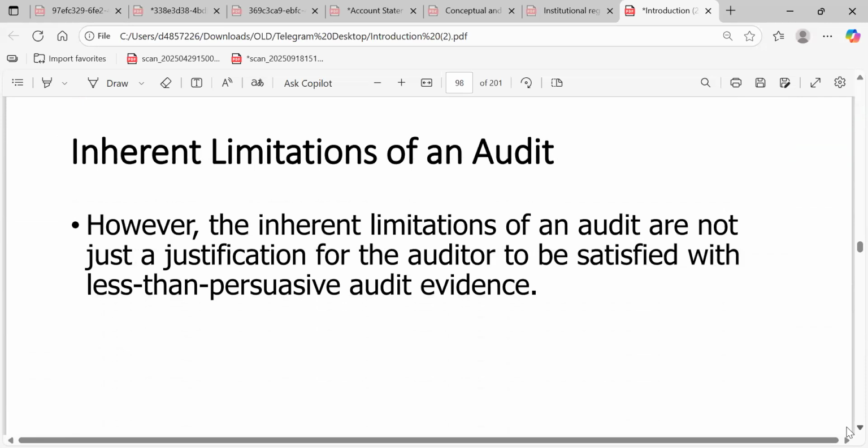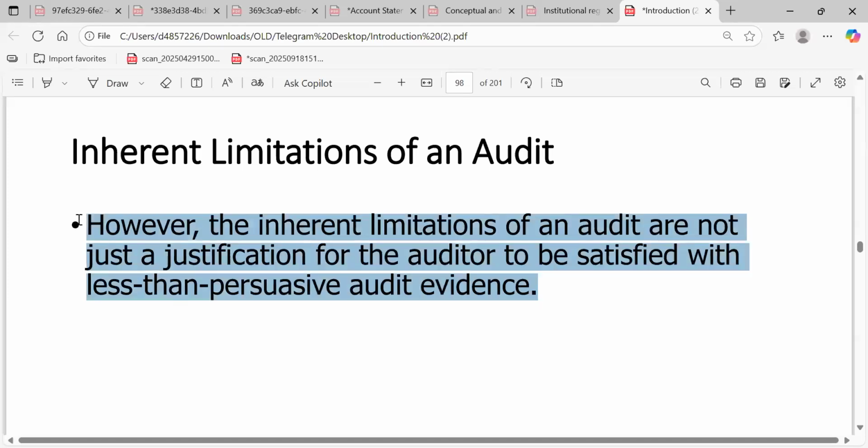So we say, however, the inherent limitations of an audit are not a justification for the auditor to be satisfied with less than persuasive audit evidence. Good. I love this point. It is telling us that even though there are inherent limitations, it doesn't mean that you should be lazy and say there isn't much I can do.